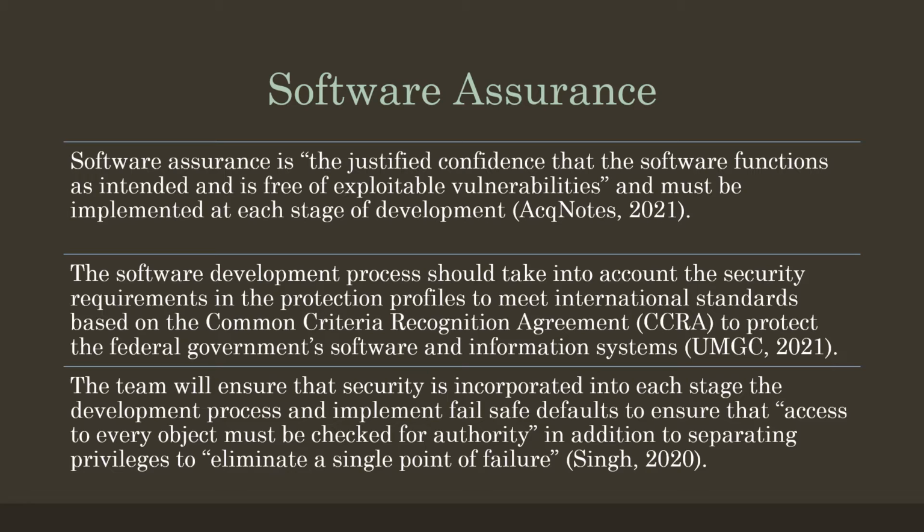So we want to vet these supply chain partners, ensure that we're only working with other organizations that have the same level of cybersecurity, the same standard as the U.S. federal government. And we want to make sure that we have access controls in place. We want to make sure that we have fail-safe defaults, just so that if anything goes wrong, our systems are protected.